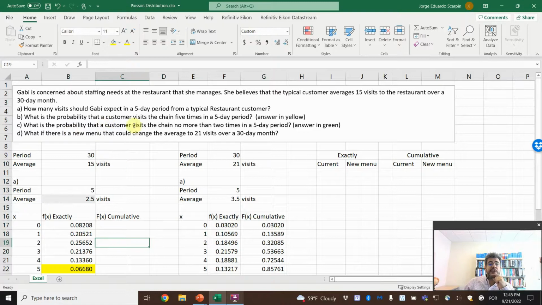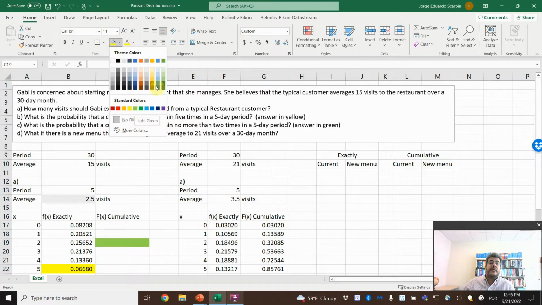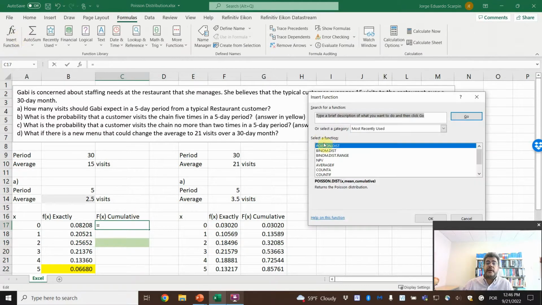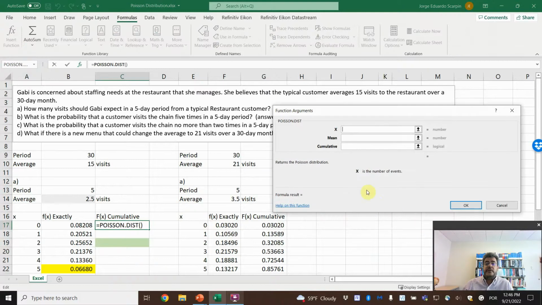Letter C. What is the probability that a customer visits the chain no more than 2 times? No more than 2 times, we are talking about cumulative. 0 is no more than 2. 1 is no more than 2. 2 is no more than 2. So the answer will be the green here. How do we do it? Let's go to the Poisson formula again. X, the same. Mean, the same, F4. Cumulative, true.